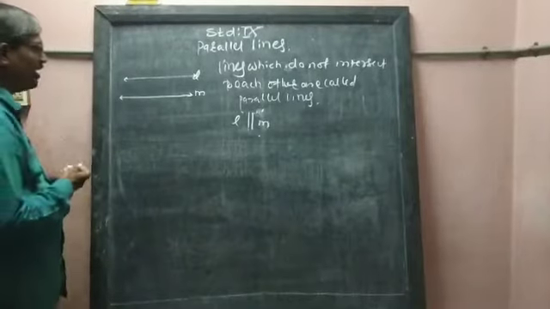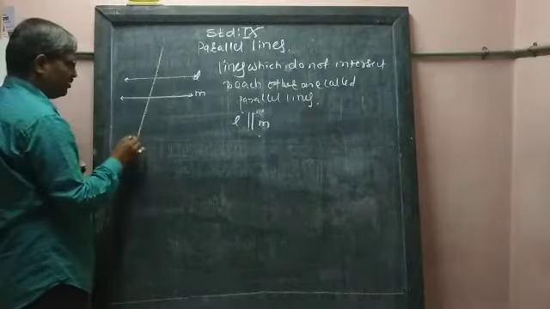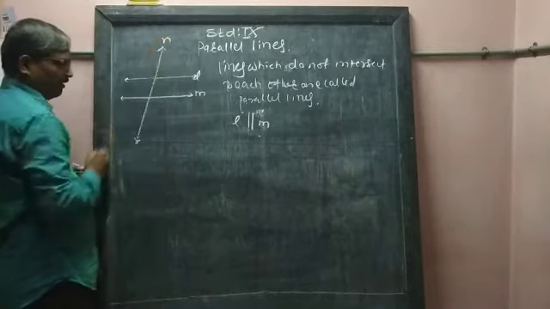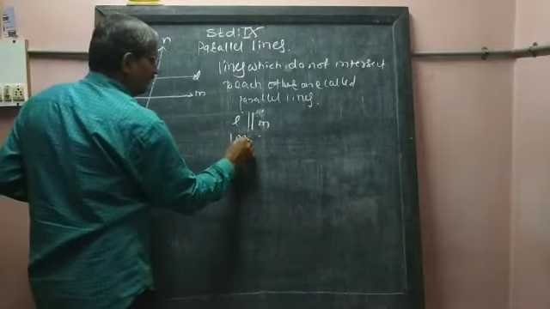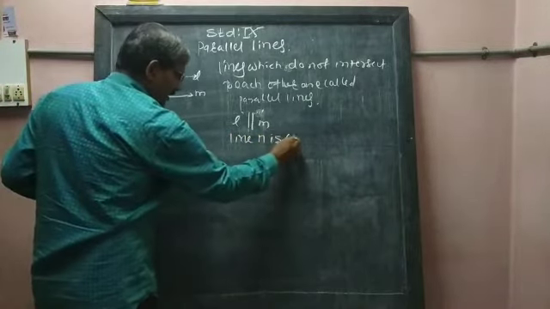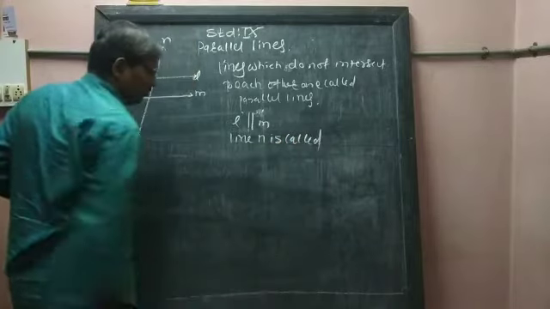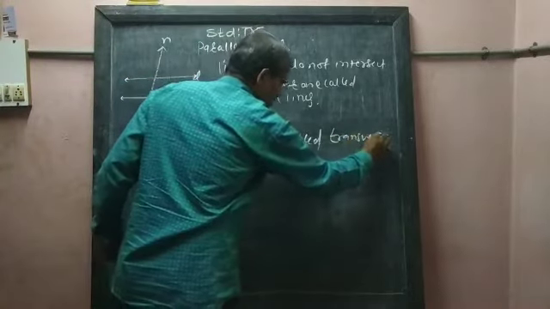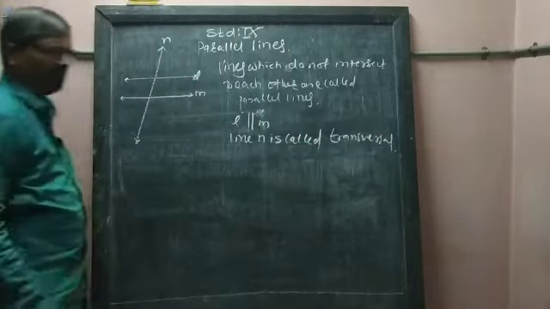Now there is another line which intersects the parallel lines. Suppose L, M, N. Then this line N is called a transversal. What is the definition of transversal?